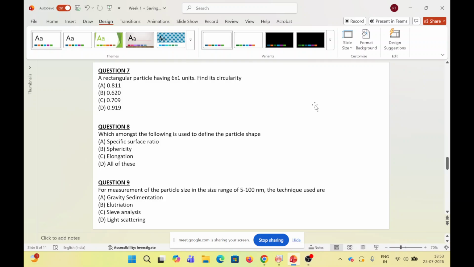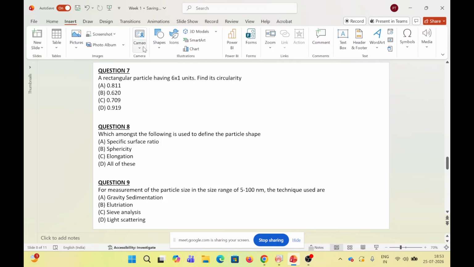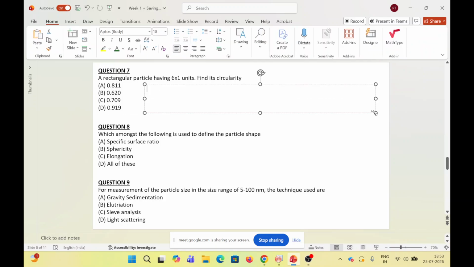So option B is correct. So can you define circularity?